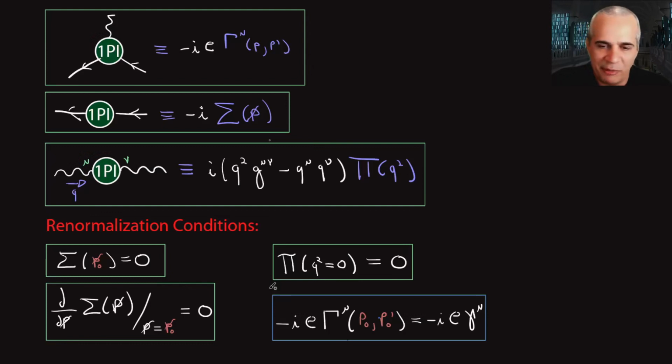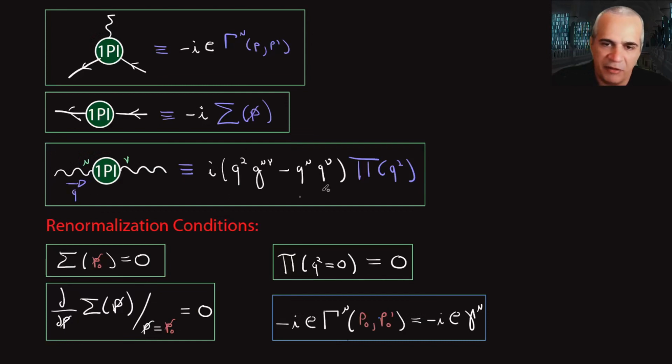So we know that we need 4 conditions to deal with those 4 divergent coefficients that we found. So it's really obvious what the conditions are. You have to deal with the position of the pole and the value of the residue for the full fermion propagator, here, the self-energy of the electron.